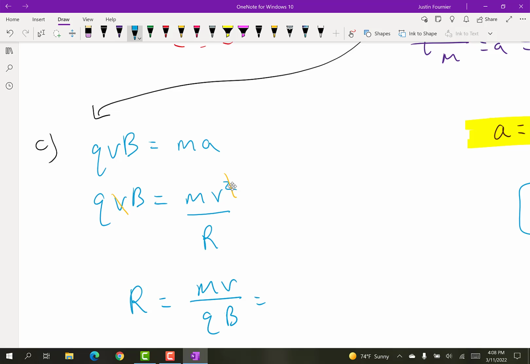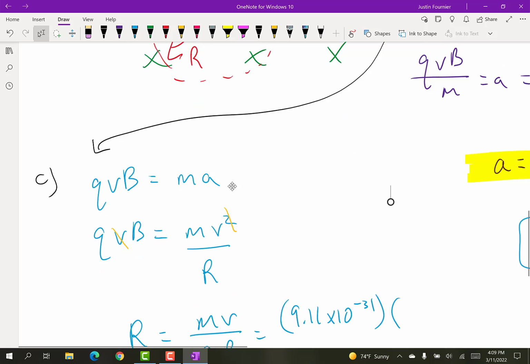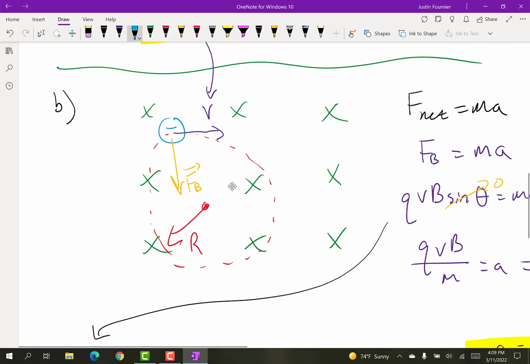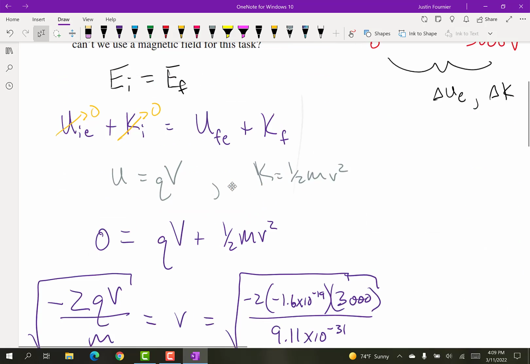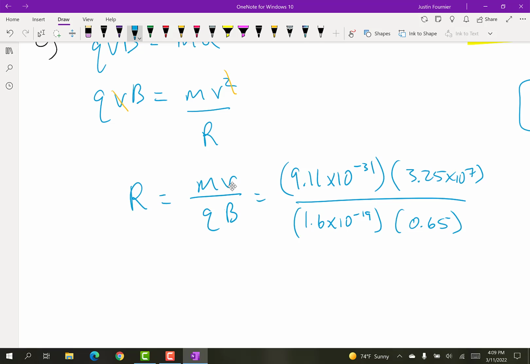It's going to give me the mass of an electron, which is 9.11 times 10 to the negative 31. The speed, which is 3.25 times 10 to the 7. And then the charge of an electron, which is 1.6 times 10 to the negative 19 coulombs. And the magnetic field, again, which was 0.65 Tesla. So once again, plugging all this in, I'll get my radius.